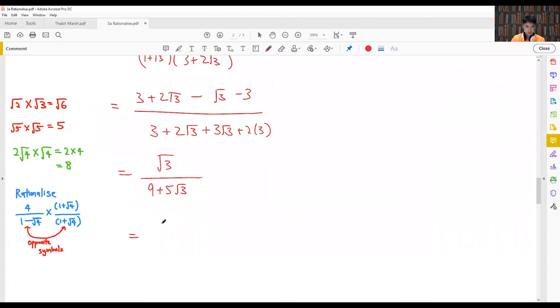You should have surd 3 over 9 plus 5 surd 3 multiplied by 9, 5 surd 3 over 9 minus 5 surd 3. Okay, and then expand these brackets over here.